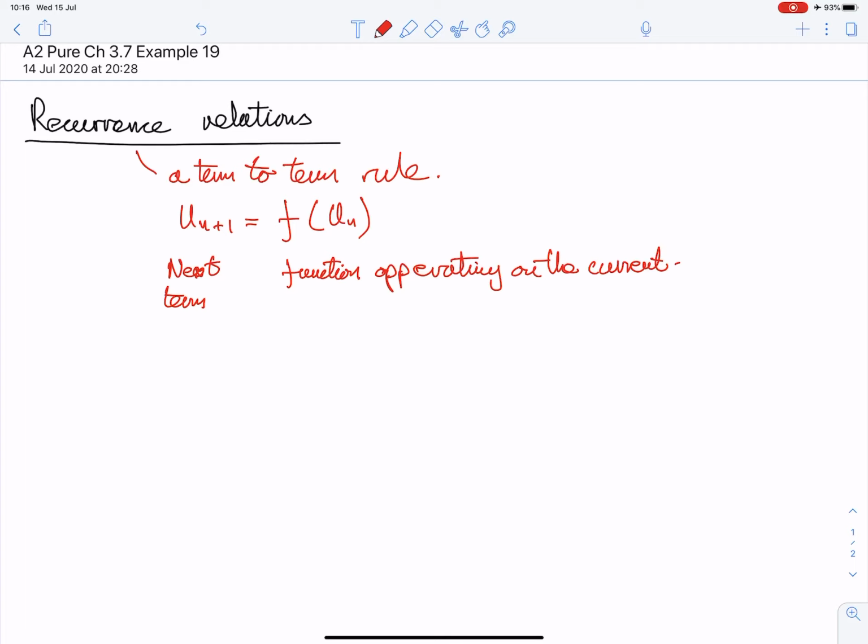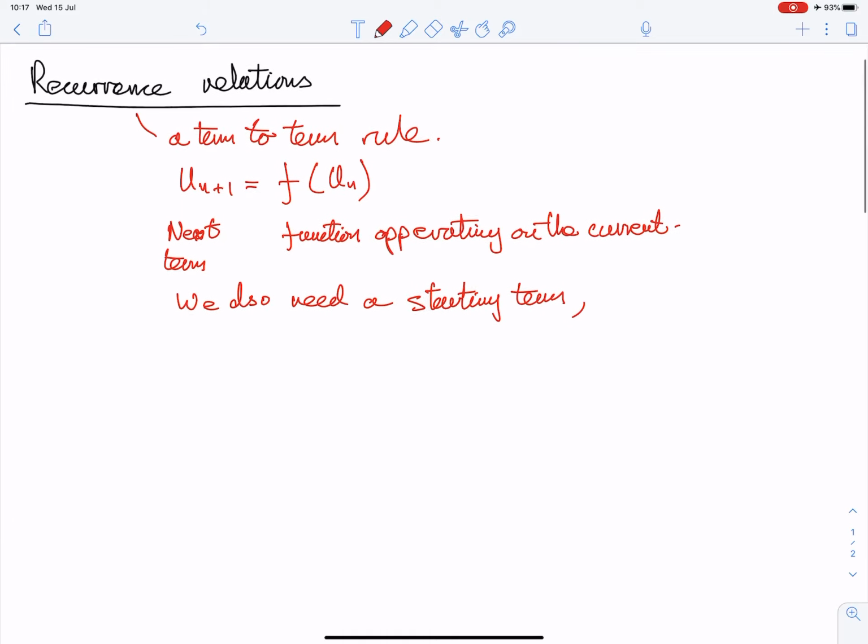And for this to work, you obviously, I say obviously, but you need a first term. You need somewhere to start. We also need a starting term. It could be U1, it could be U0, it just depends on how they decide to define it at the beginning. Okay, I hope that's clear.